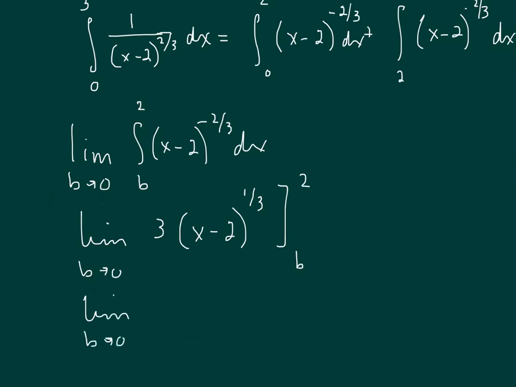If we plug in a 0, that's going to give us 3 times the cube root of negative 2. If we plug in a b, it's 3 times the cube root of b minus 2, and as b approaches 2, it's a cube root, so this is quite all right. So this is just going to give us negative 3 times the cube root of negative 2.